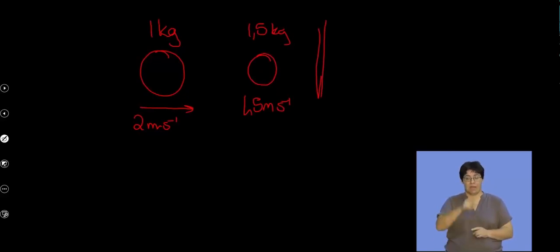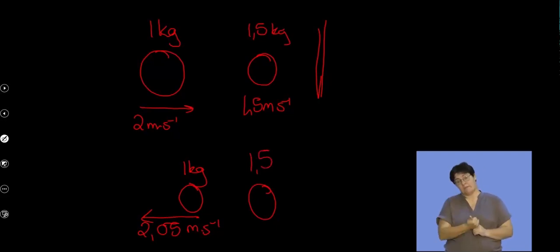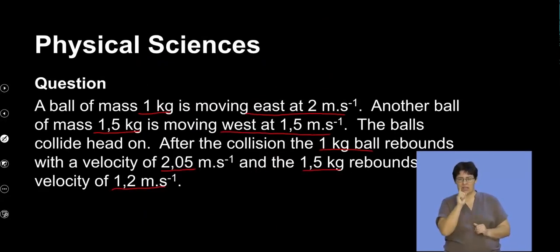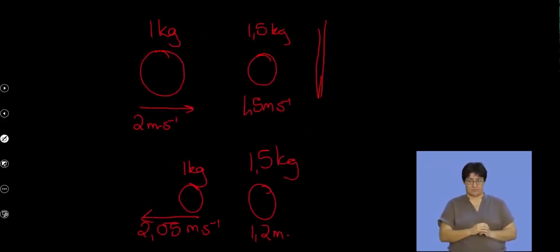There's my collision. I'm going to do the after over here. The 1 kilogram rebounds, so it's going in that direction, and they said it was 2.05. And the 1.5 rebounds, so now it's going east, and let's just check, it said it was at 1.2. So that's our situation.